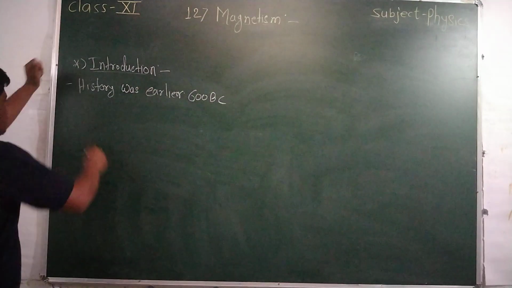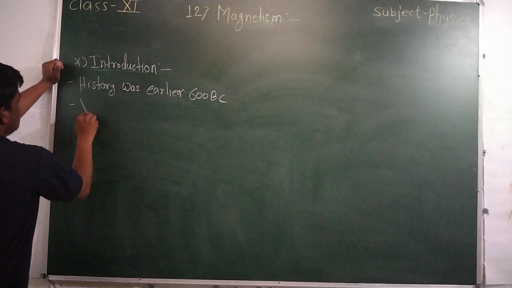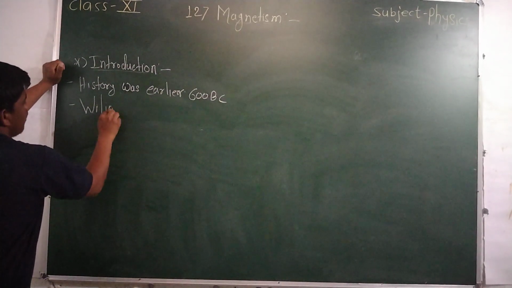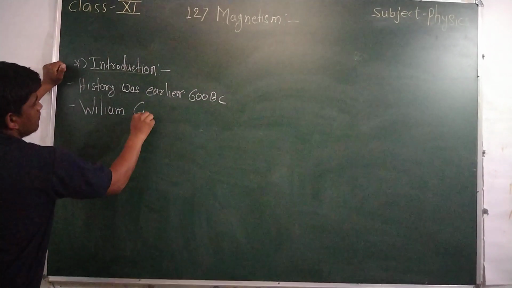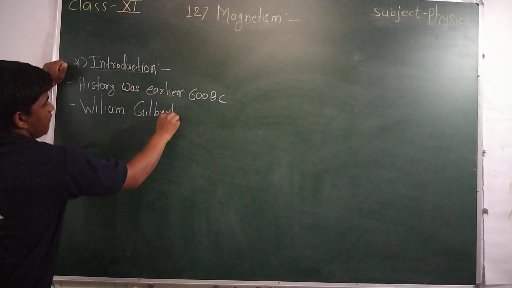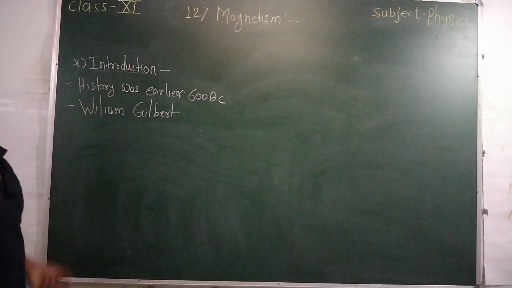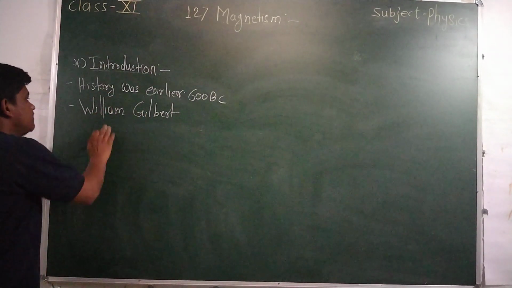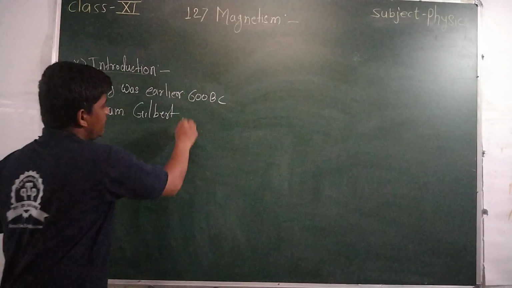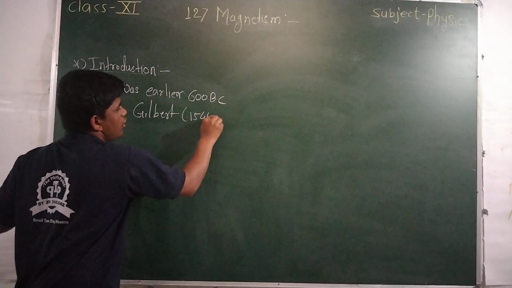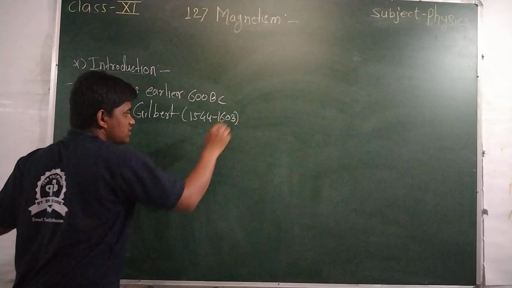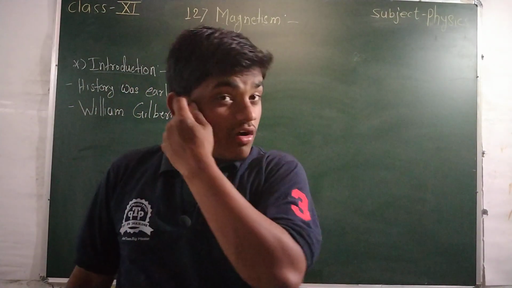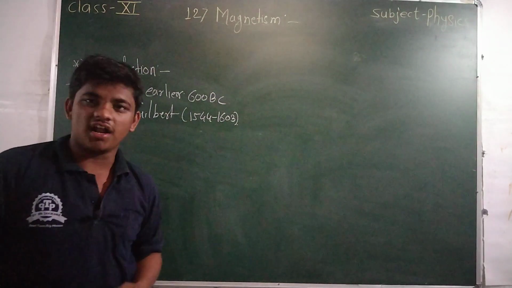The name of the scientist is William Gilbert. If there is a spelling mistake, please correct it.